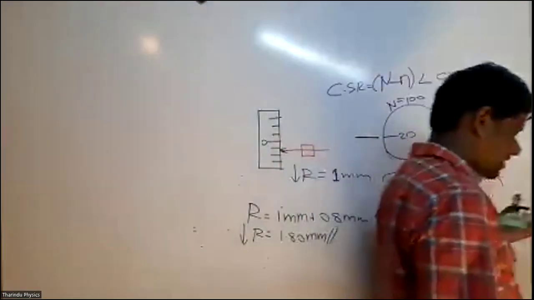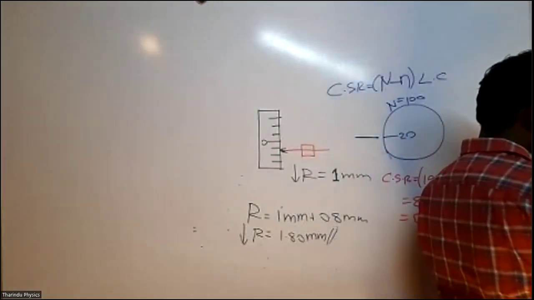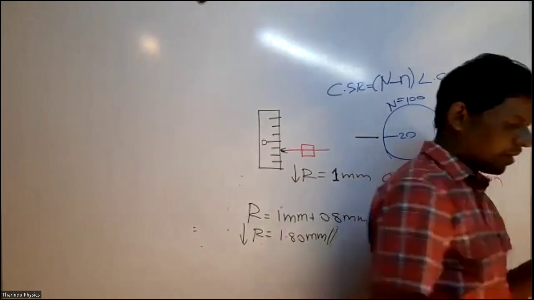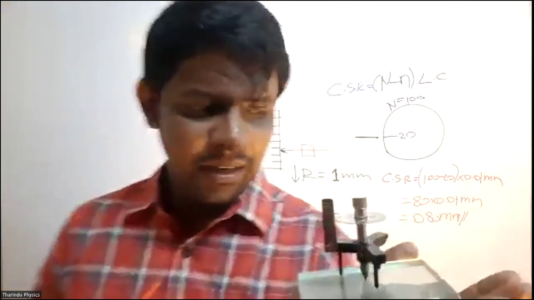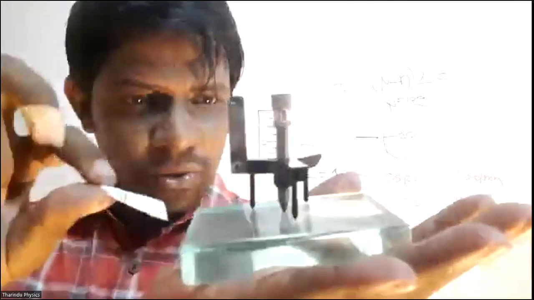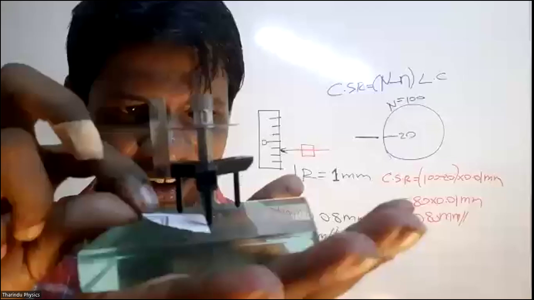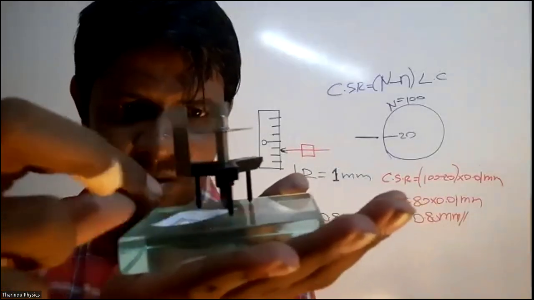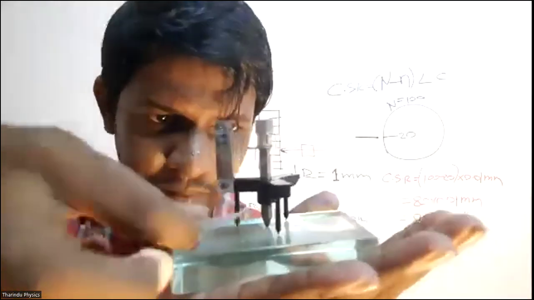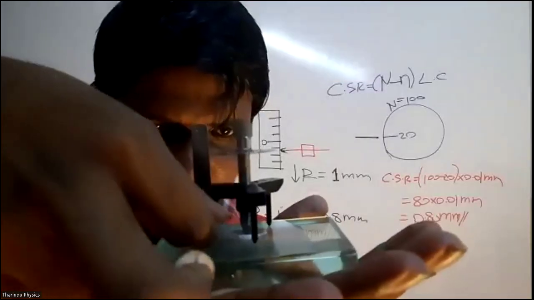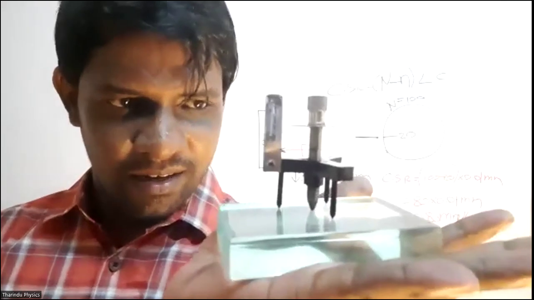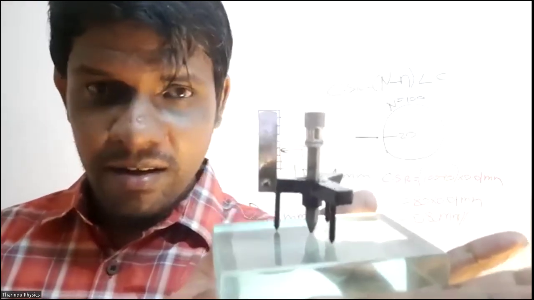So I have to check it. Actually, I have to use an oil paper, thin oil paper. I had one, I can't find it. Now I try to slide this small oil paper through. It does not move. That means this is in contact.